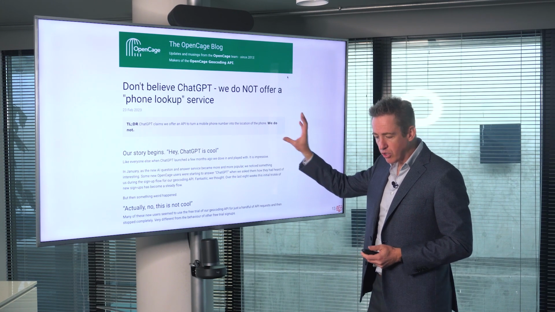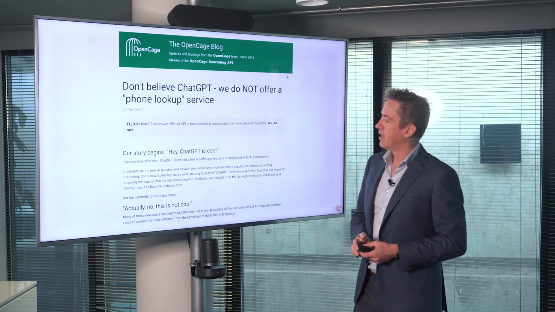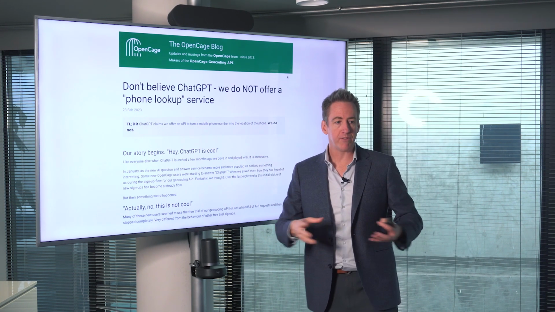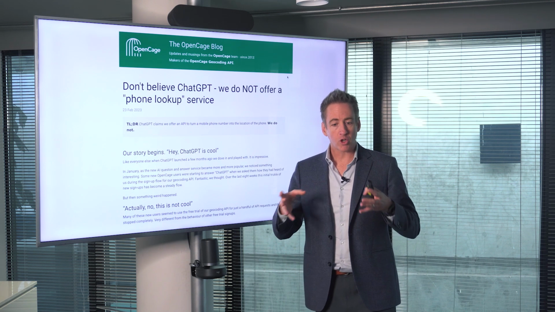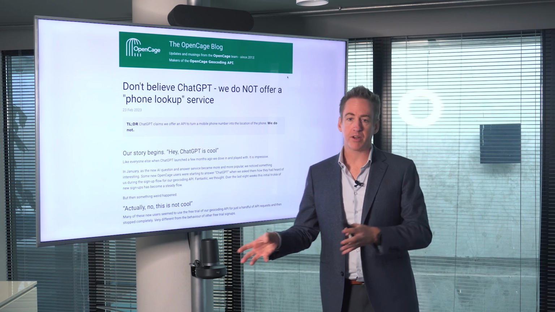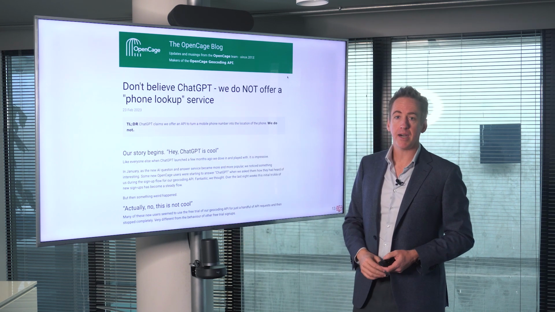And it's gotten so bad that these folks here, called OpenCage, had this thing where it says, hey, ChatGPT is really cool, and they've used it. Then the code that the ChatGPT service was generating and returning to users spoke about using the OpenCage API.